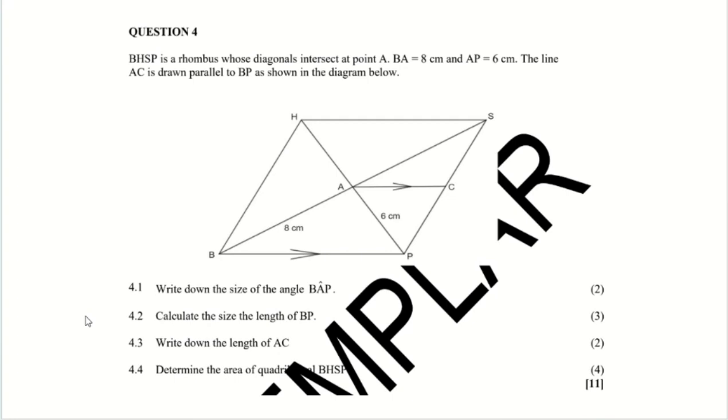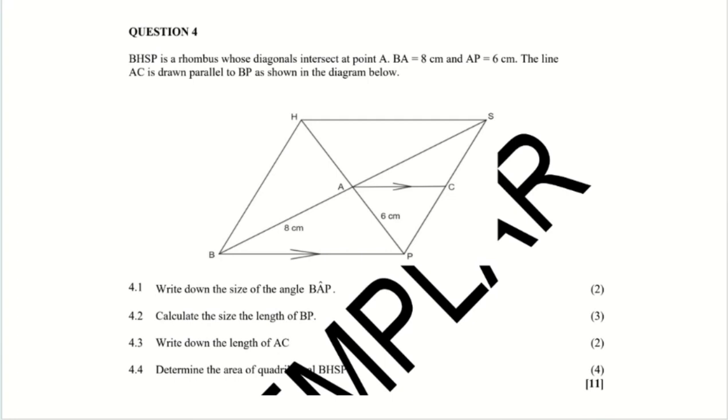So when we check the location of BAP, BAP is the angle that the two diagonals make with each other, right? And if you recall the properties of a rhombus, you will remember that the diagonals of a rhombus intersect at 90 degrees, and BAP is that angle.